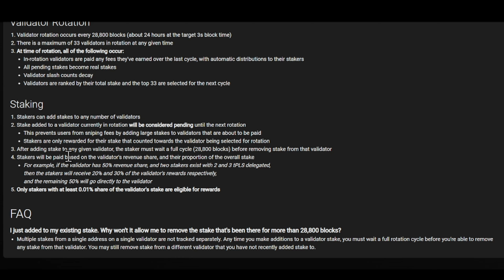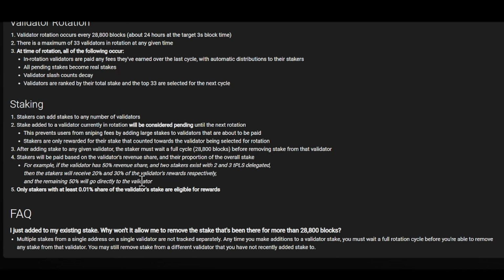After adding stakes to any given validator, the staker must wait a full cycle, so we're talking about technically 29,000 blocks before removing the stake from that validator. Number 4, stakers will be paid based on the validator's revenue share and their proportion of the overall stake.